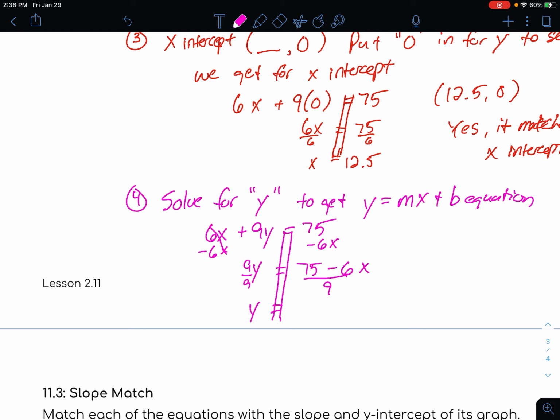So 75 divided by 9, and then 6 divided by 9. 75 divided by 9, that should sound familiar. We just did it up above a little bit. That's that 8.3 repeating. And then negative 6 divided by 9, if we reduce 6/9, that's minus 2/3. So here is our y-intercept.